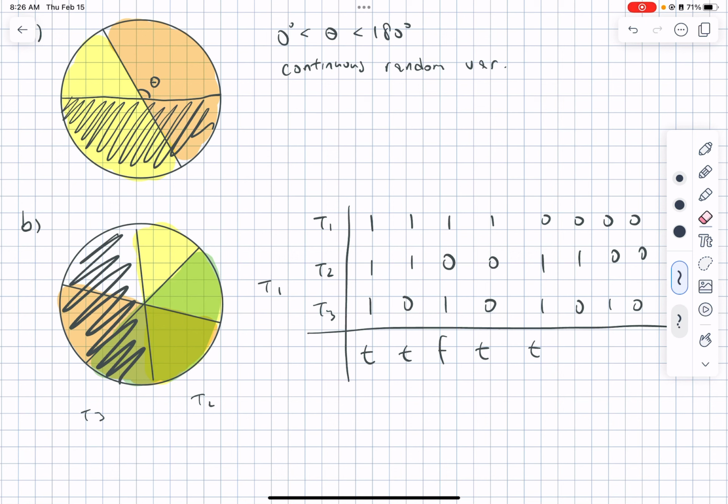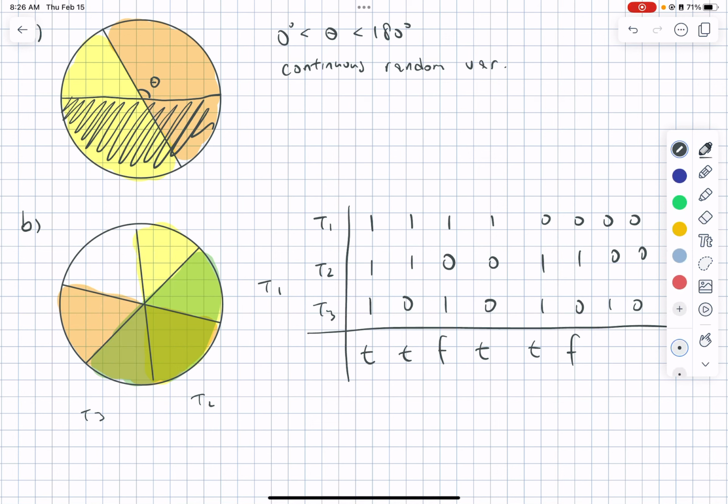If T1 and T3 are reflected over, we can see that actually none of the sections of the pizza are covered by all three toppings, so this is false.